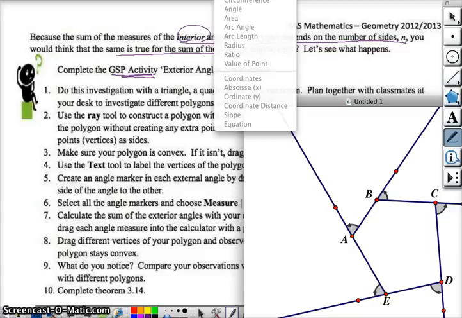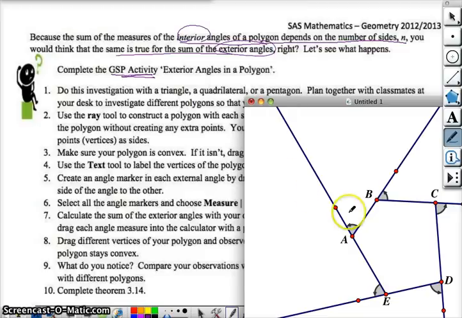Then I go up here to measure. Sorry, I have to select them. So I'm going to go up here and click out, right? I exit or escape, and I highlight the angles. I should be able to do that. There we go. And I push my shift key, and I'm going to highlight all of the angles around, because this is just going to be a super fast way to find the measures of the angles.